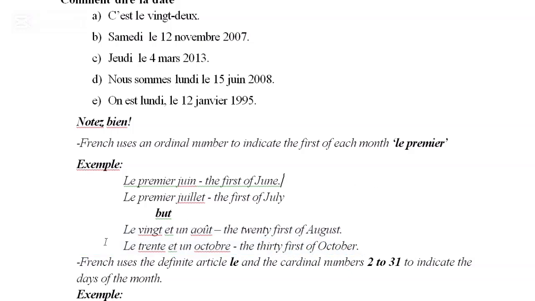And then French uses the definite article le and the cardinal number to indicate the days. Here we have said that you use le plus number. Remember, first is le premier, but from 2 you say le 2, le 3, le 4, le 5, le 6, le 7, up to le 21.